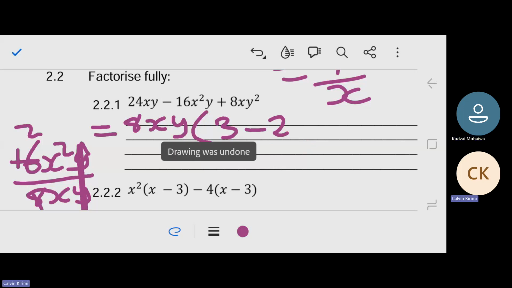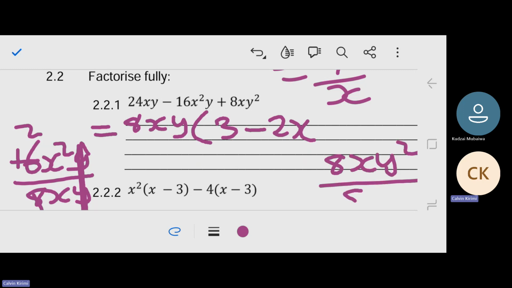2x. Yes. Avoid these mistakes. You now know what to do, but you are making mistakes, and they will cost you if you continue. Because you know what to do, so don't be lazy. Check. You say 8xy squared divided by 8xy?